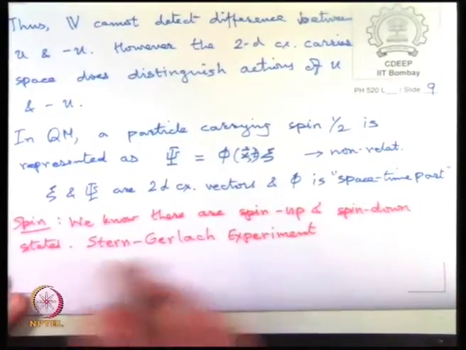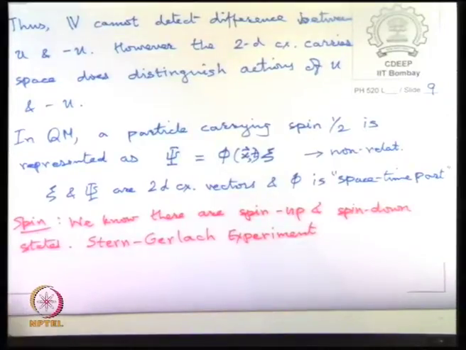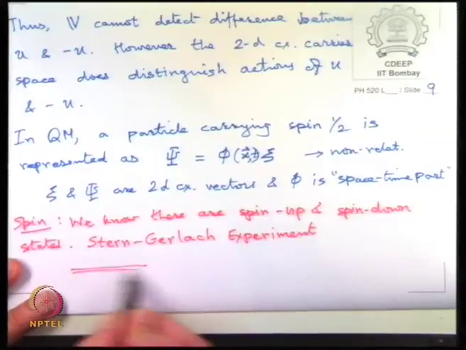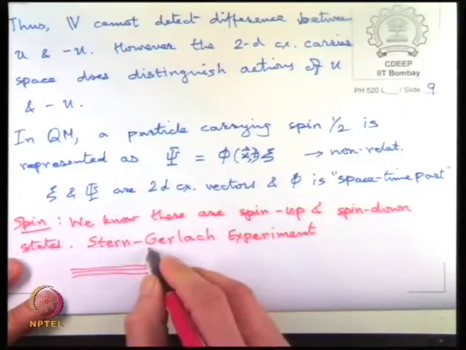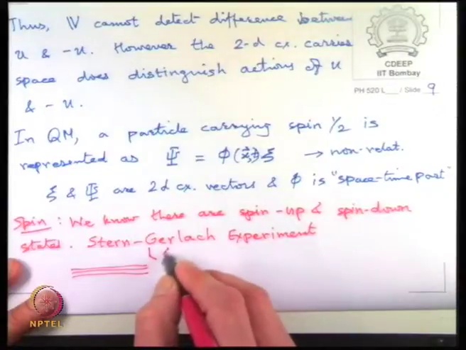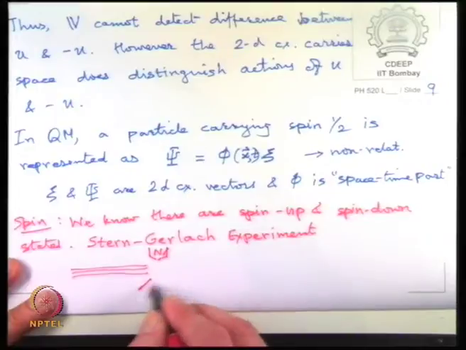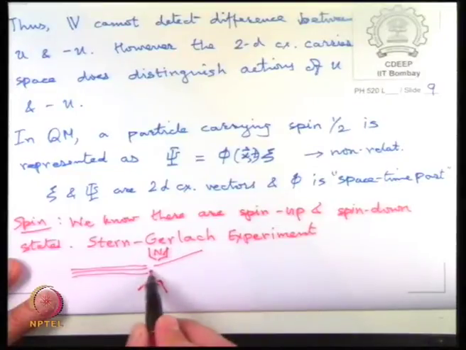What one can see most clearly through the Stern-Gerlach experiment is that if you send a mixed beam of electrons through an arrangement of magnets, north and south pole, then this beam will split exactly into two parts.